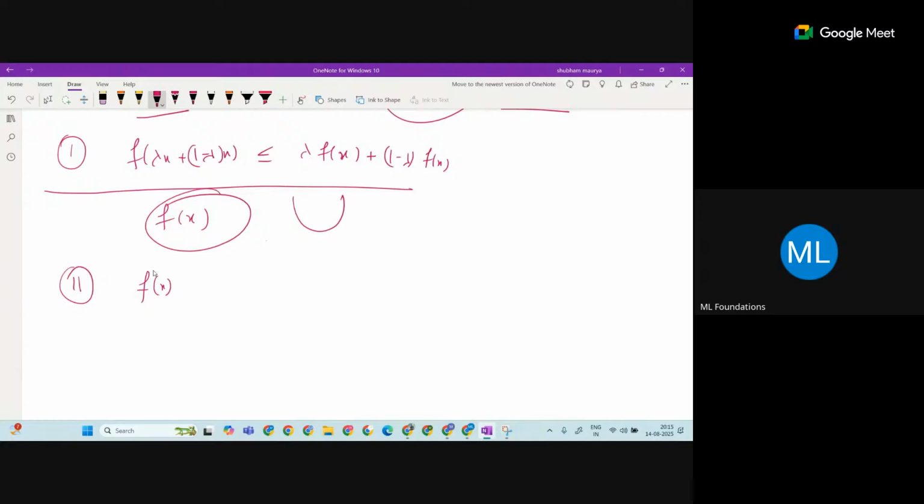These are 2 different composite functions with 2 different conditions. In that case, we'll see when it will be convex or not. Sometimes your function is very complicated, let's say in this case.